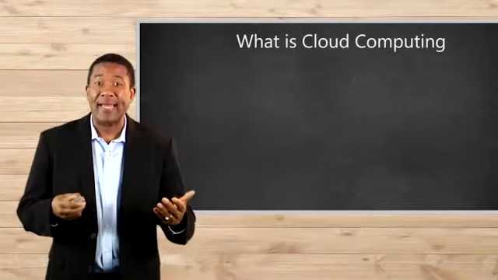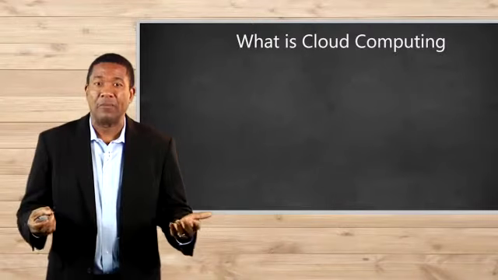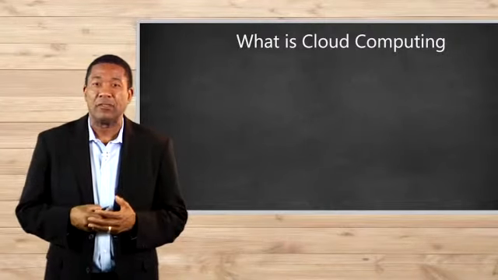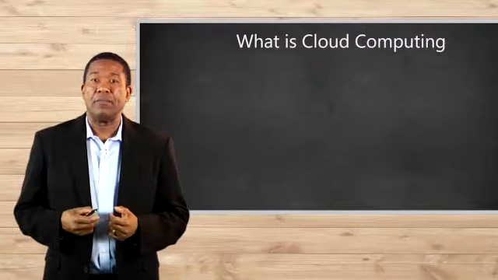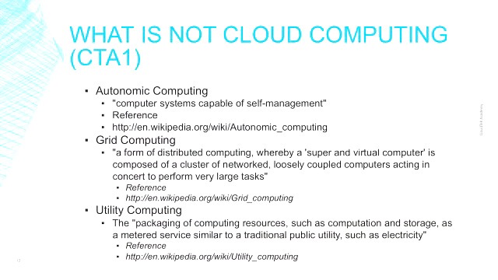So, what is not cloud computing? Well, you may have heard of autonomic computing and think that they must have autonomic computing with these cloud platforms. Well, autonomic computing are computing systems capable of self-management. These clouds don't manage themselves. You need people to manage them.